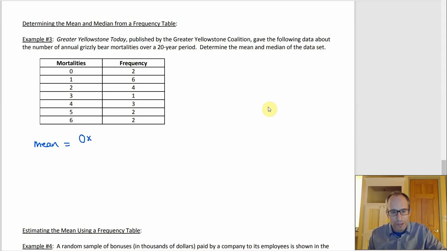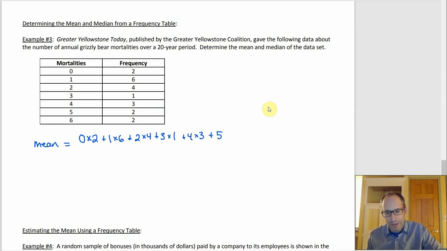Say 0 times 2, that takes care of the 2 zeros, plus 1 times 6, there's the 6 ones, plus 2 times 4, there's the 4 twos, plus 3 times 1, plus 4 times 3, plus 5 times 2, plus 6 times 2. And we know that there's a total of 20, right?